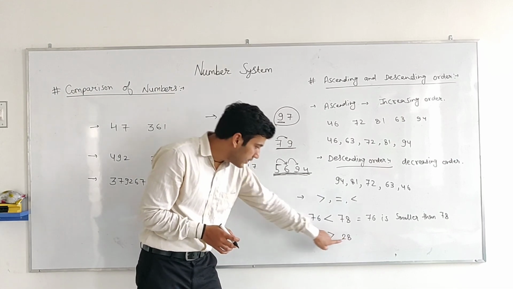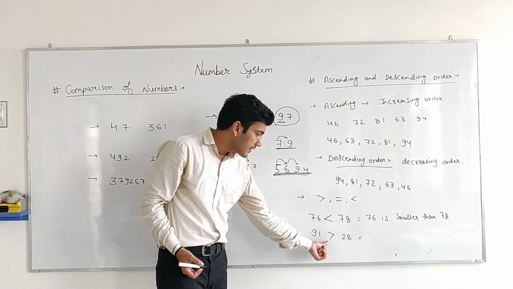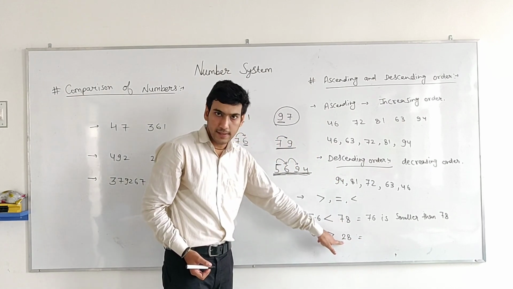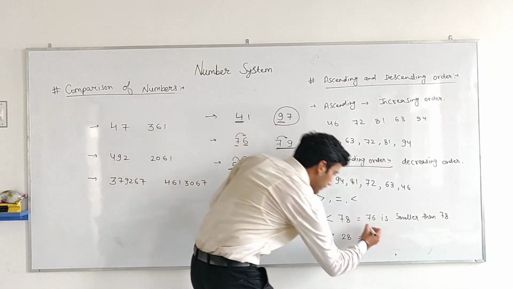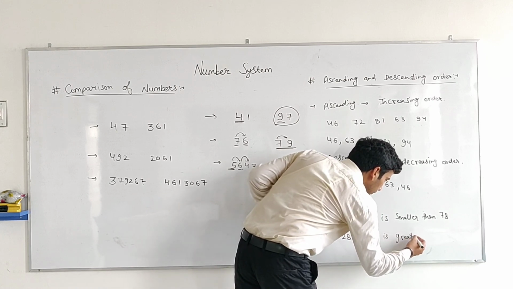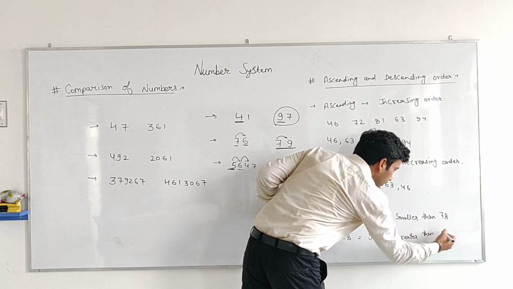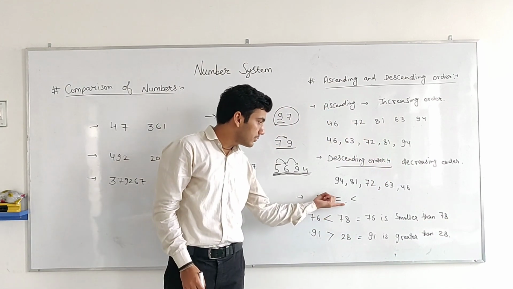And what is the meaning of this? That 91 is greater than 28.